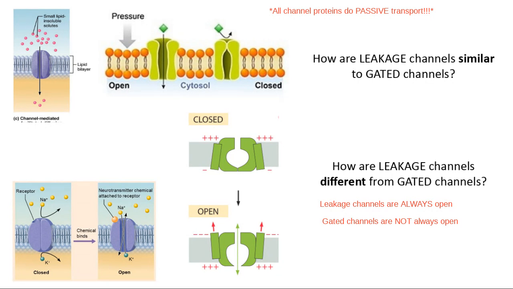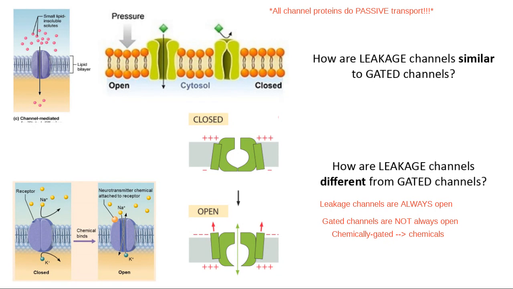Yep, so first kind, Gloria's abbreviating CG, chemically gated. When I talk about a chemically gated channel, what causes that one to open? What opens chemically gated channels? Yeah, exactly. Chemicals. Chemicals open them up.